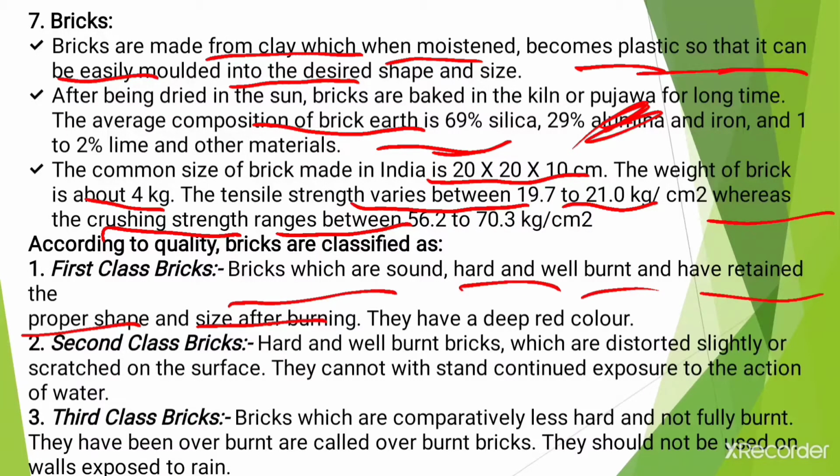Second class bricks are hard and well burnt, but are distorted slightly or scratched on the surface, and they cannot withstand continued exposure to the action of water. Third class bricks are comparatively less hard and not fully burnt, and they should not be used on walls exposed to the rain.